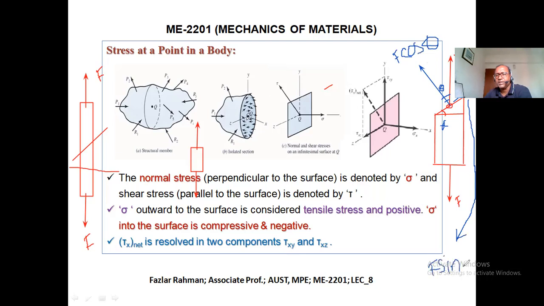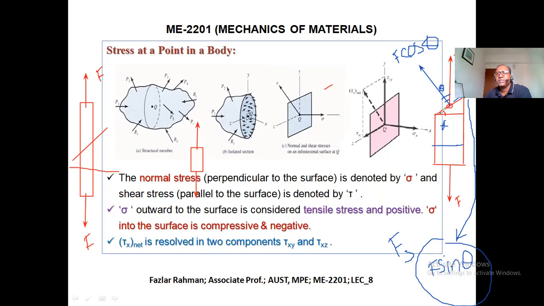Now look, what did you see? This F, though working vertically, has some component working parallel to the surface, and this one working perpendicular to the surface. So this force is actually shear force. If theta is 0, there will be no shear force.